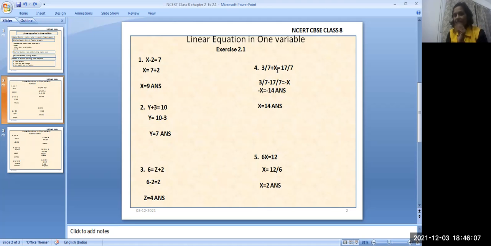So let this x be placed here. This rational number 17 by 7 we are going to shift toward the left hand side. So 3 by 7 minus 17 by 7 is equal to this x, which we are going to shift toward the right hand side. So both the rational numbers will be at the left hand side and the variable is at the right hand side.